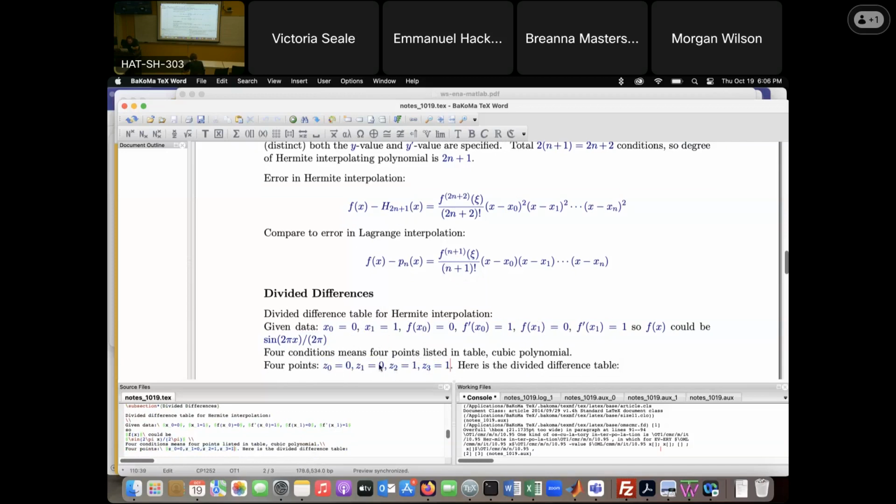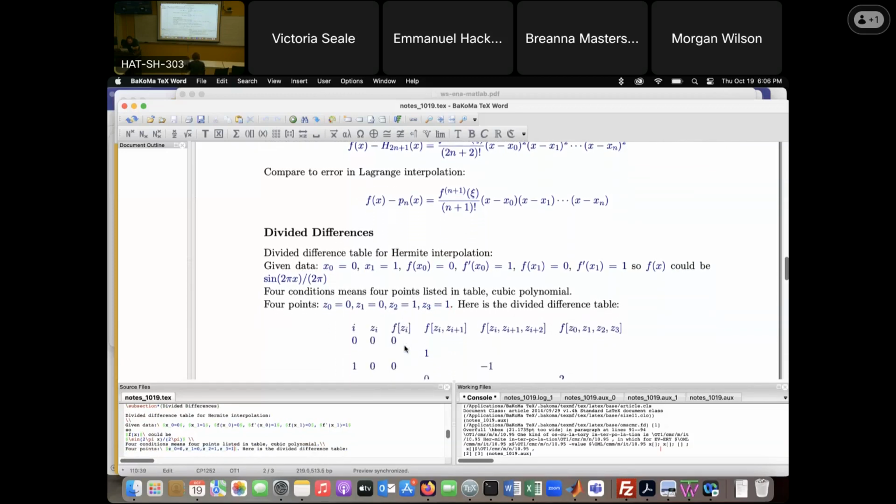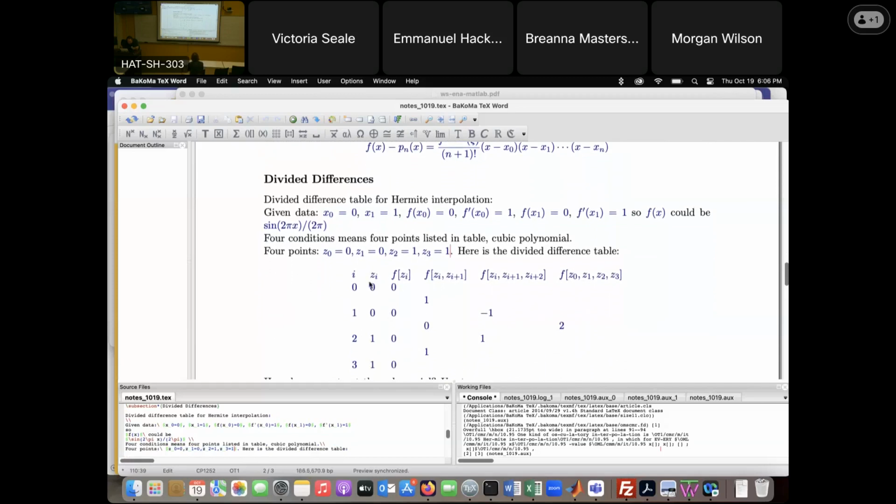So these are 4 interpolation points that I'll use for a divided difference table. Here we have our first distinct x value that's labeled as z0 and z1. And then my other distinct x value, which was previously labeled as x1, is also z2 and z3.